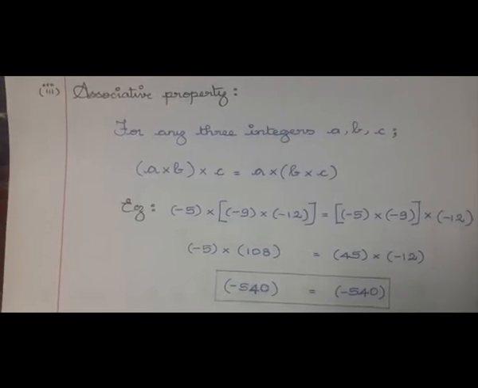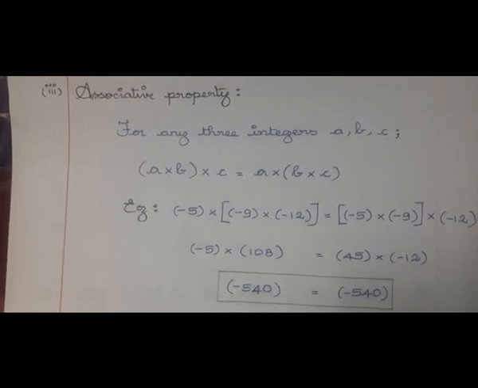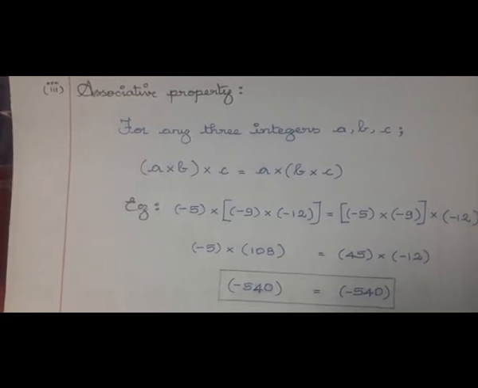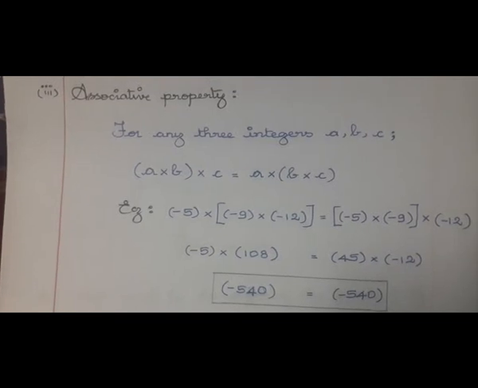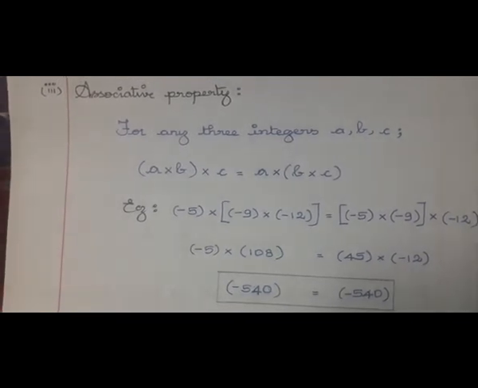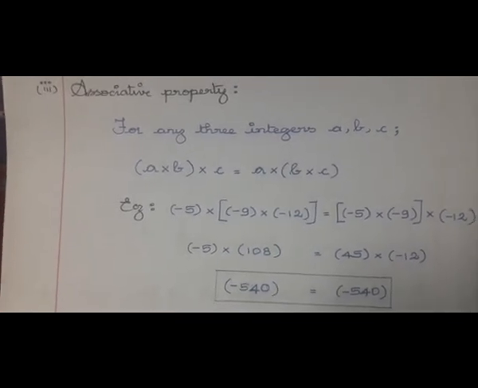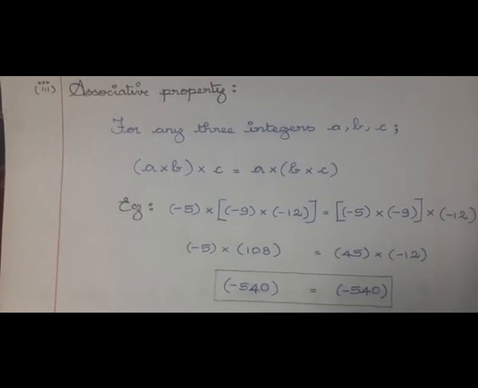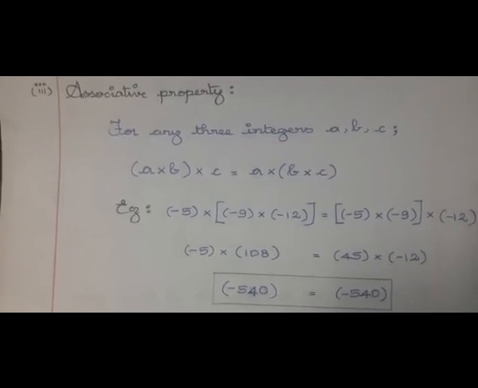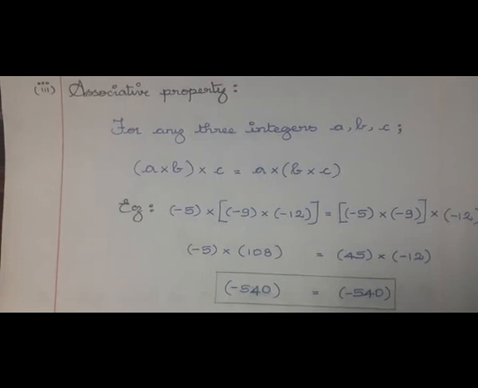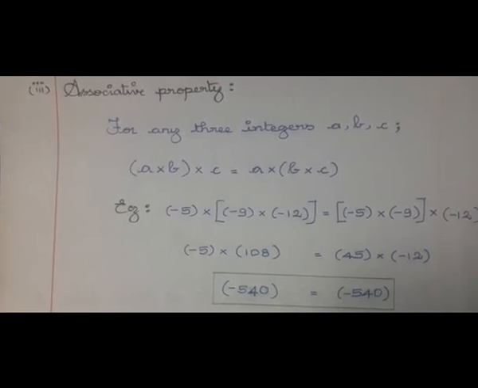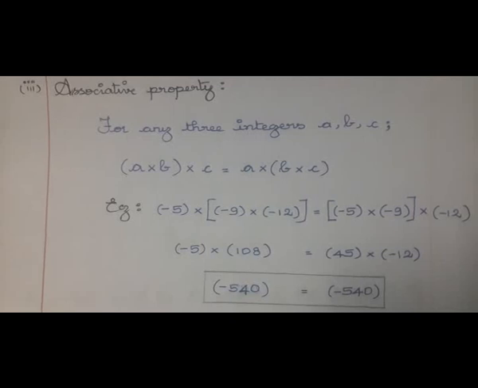So, -9 into -12, both the signs are the same. So, put a positive sign, multiply 9 and 12, you will get 108. Next step we have -5 into 108. Both the signs are different. So, put minus in the answer, multiply 108 with 5, it is 540.